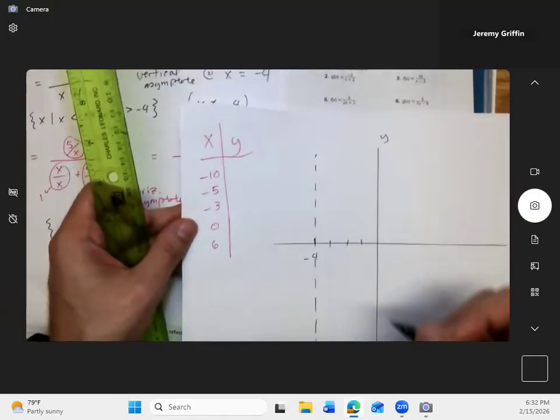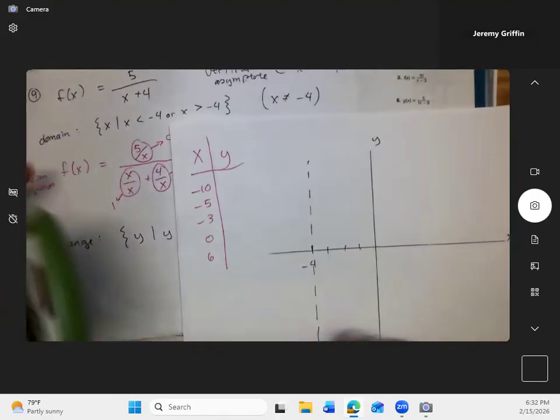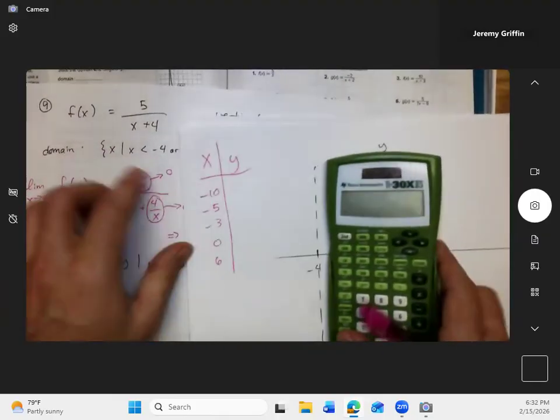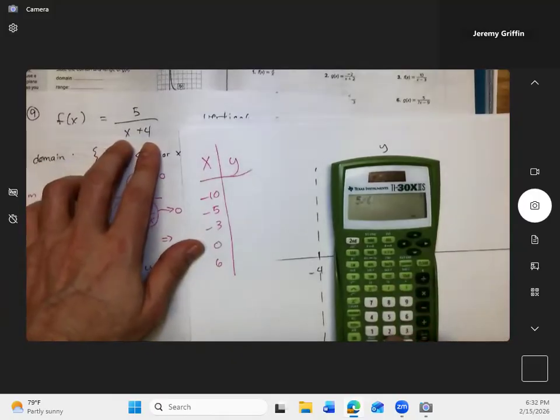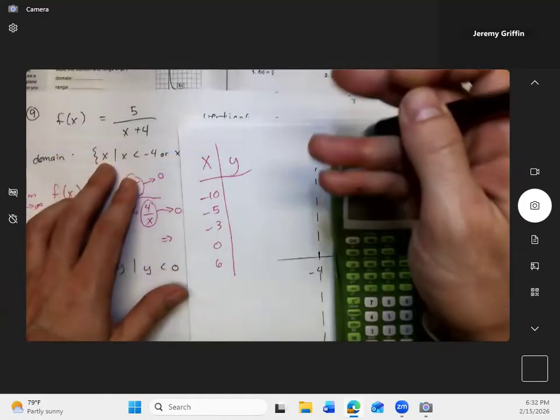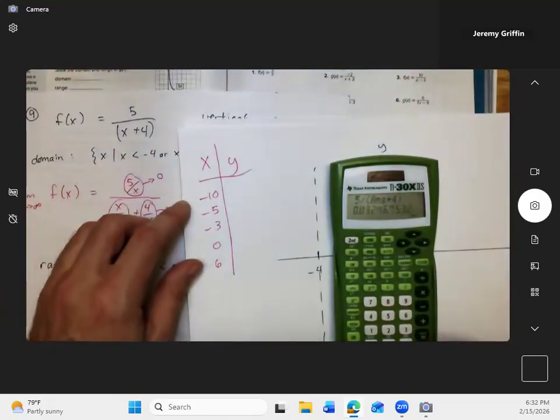I bet that'll be enough for the graph to emerge. So here's the function right here. I'll do that calculator trick I did earlier. I'll do 5 over, and then in parentheses, I'll put answer plus 4. Remember, I just put this right here in parentheses. Then I can start plugging in the values.